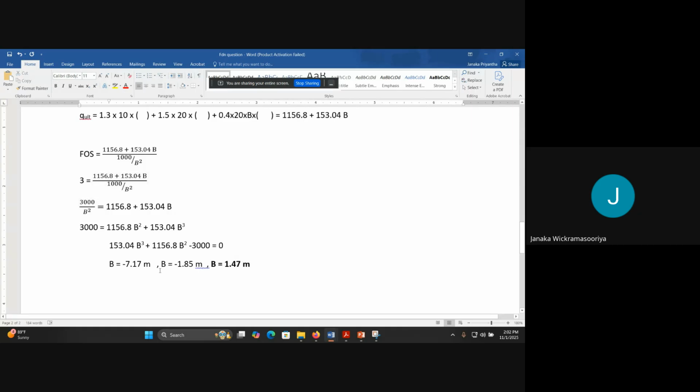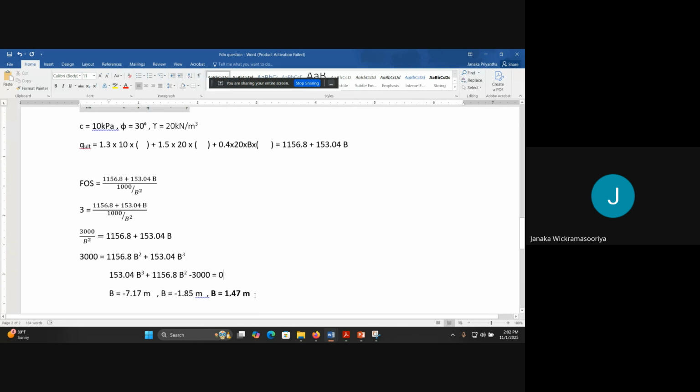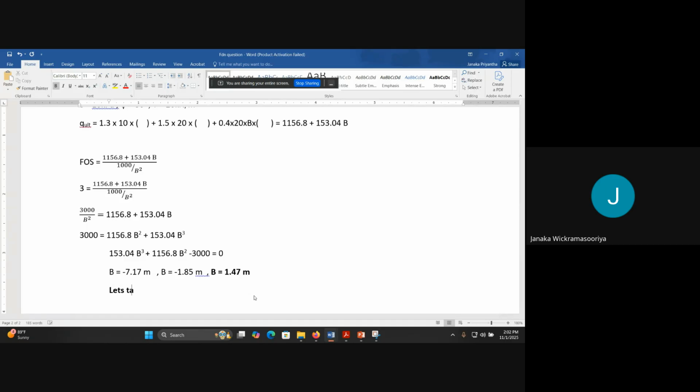We cannot take these minus values for the dimensions of a footing. Therefore, let's take the foundation width as 1.5 meters, or else 5 feet.